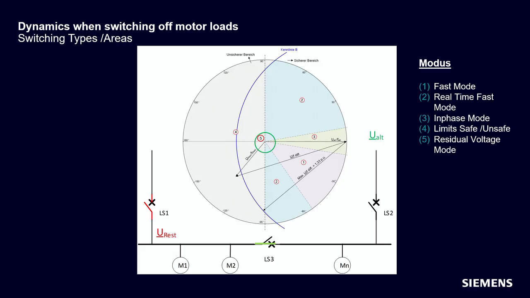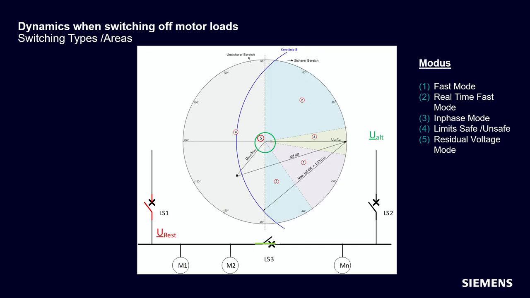So now we have a look at the dynamics, the switching types and the different areas. You see here on the x-axis we have the alternative voltage. We measure the alternative voltage, which is stable, of course, and then the arrow of the residual voltage is moving.